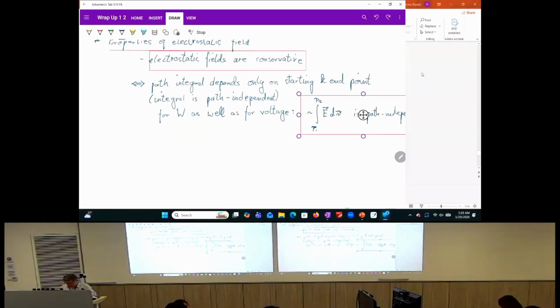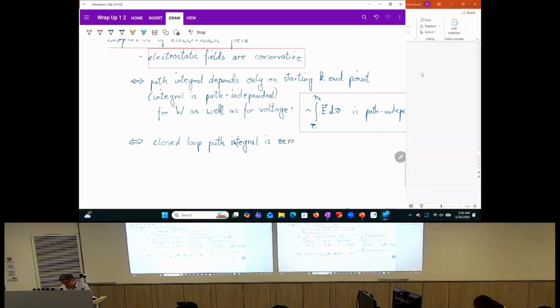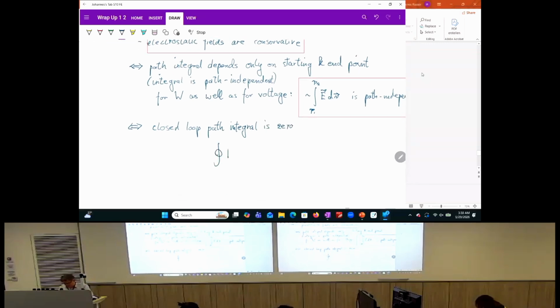Also, this implies that the closed loop path integral is zero, meaning this formula holds true.